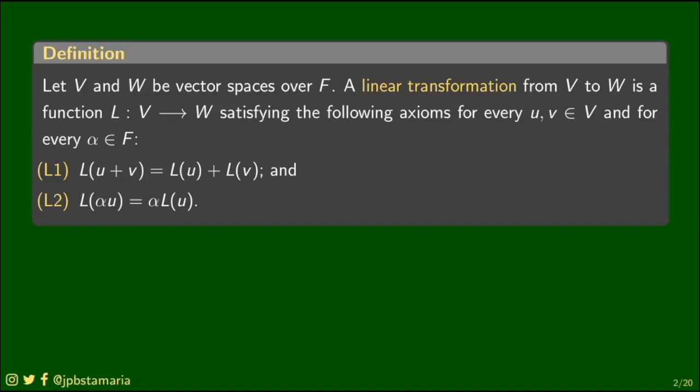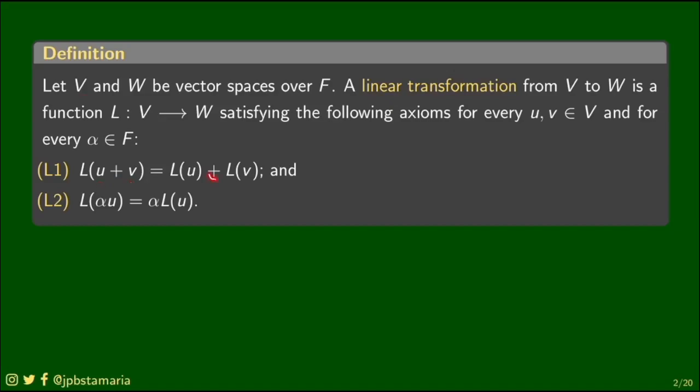Take note that in the first equation, we are using two additions. The first one being the addition that is in V, because it combines two elements from V, u and little v.